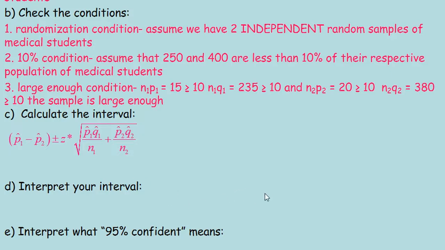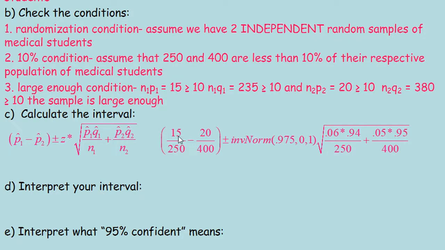So let's start plugging in some numbers. Like I told you, I'm going to let P1 be the African American, and then I'm going to let P2 be the Hispanics. You can flip them around if you wanted to, and you'll just have the opposite signs on the interval, and that's okay. But I'm going to do P1 is the African American. So in your sample of 250 students, 15 of them were African American.